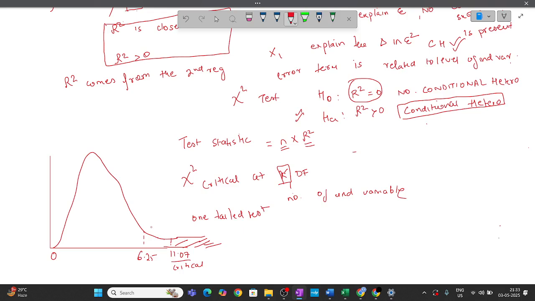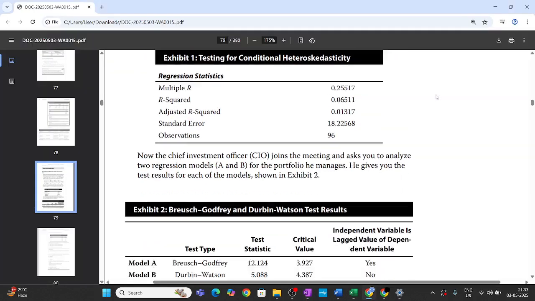It is only if I can reject the null and favor the alternate that conditional heteroscedasticity is there. But I can't reject the null because my test statistic is less than the critical value. My test statistic does not lie in the rejection area, right? So there is no conditional heteroscedasticity. तो देखो क्वेश्चन क्या बोल रहा है.